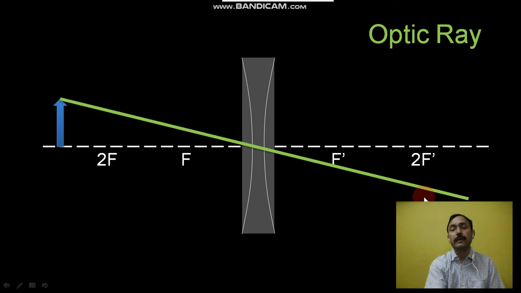There will not be any deviation. This is the nature of the optic ray, or this ray is also known as the optic ray. So these are the ray tracings of the diverging lens.